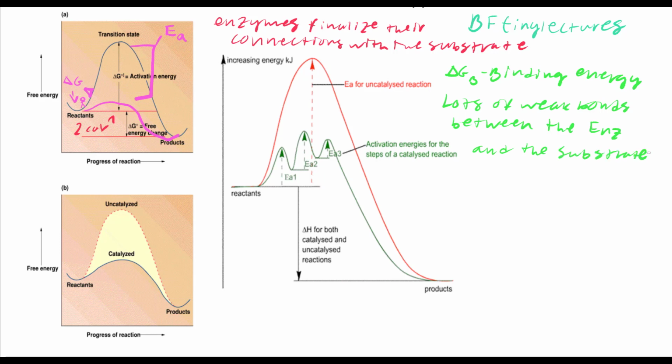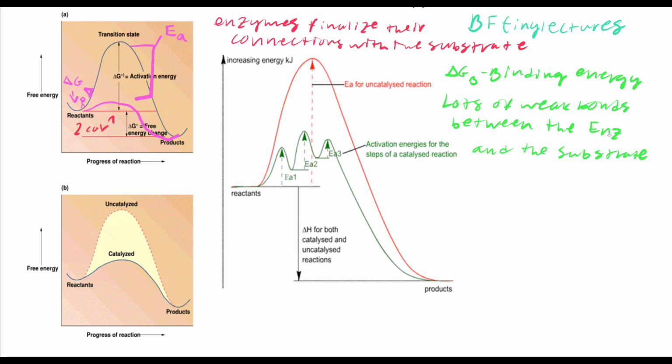Now why does this happen? The enzyme wants to form multiple weak bonds with the substrate in order to make it more stable, more favorable to occur. If we have an intermediate that is not stable, do we want to make it? No, you don't. You don't want to make an intermediate in the lab that gets on fire when exposed to oxygen.